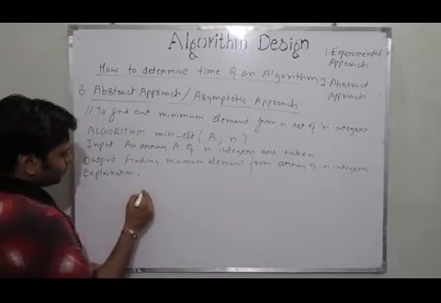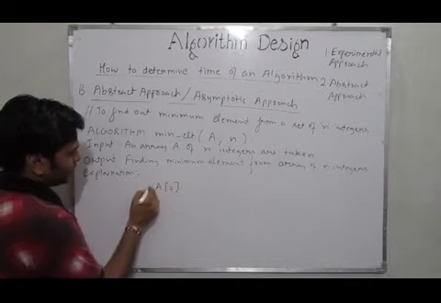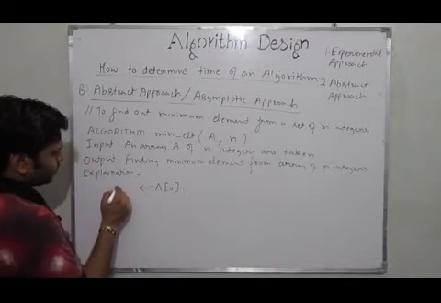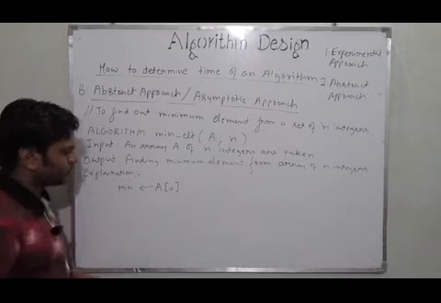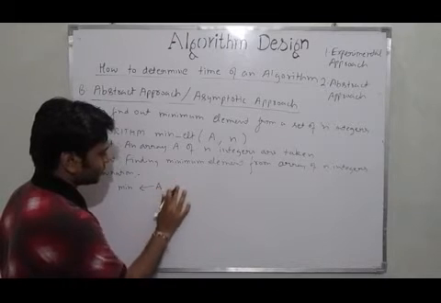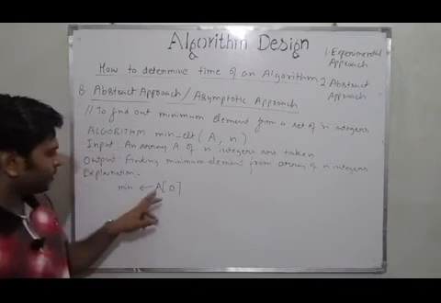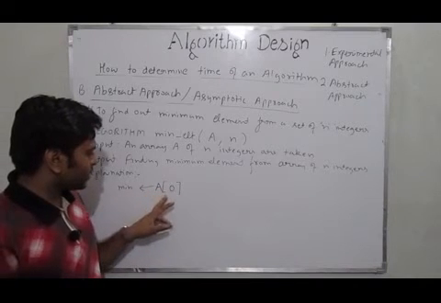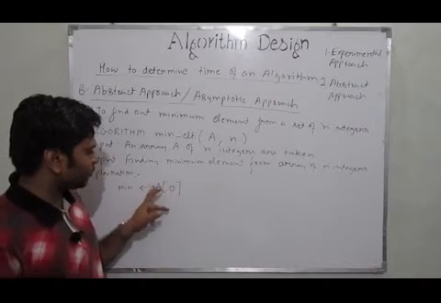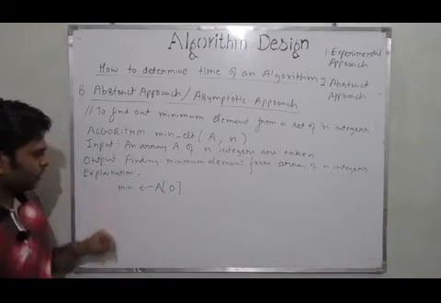So we can take the very first element and put it into a variable min. Let us check what exactly this instruction means. What we have done is taken the very first element of the array and assigned it to some variable minimum.